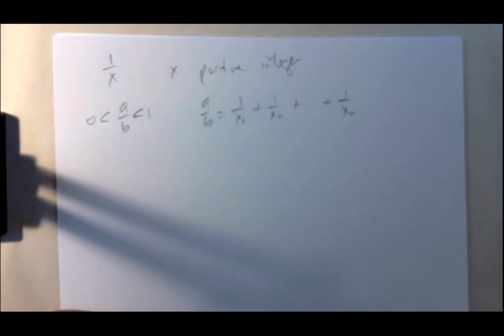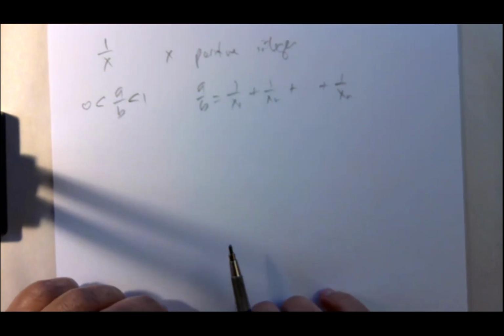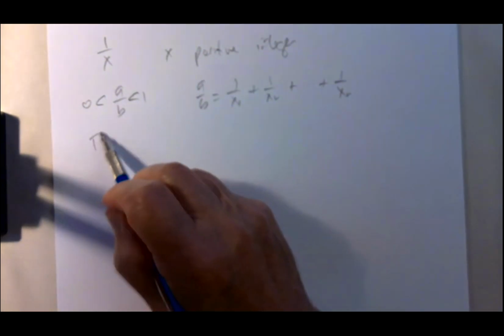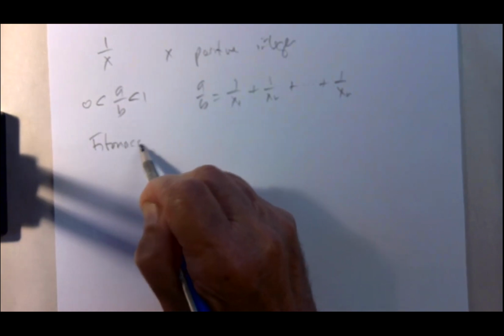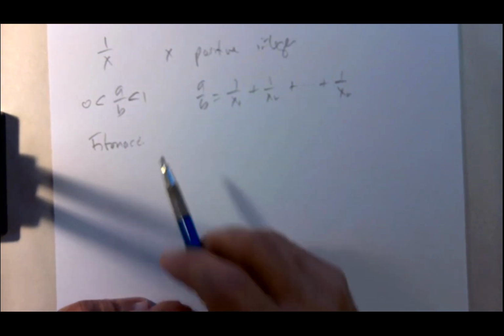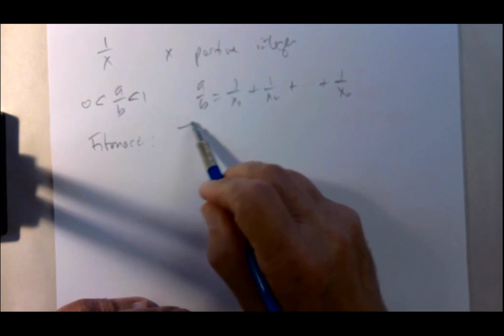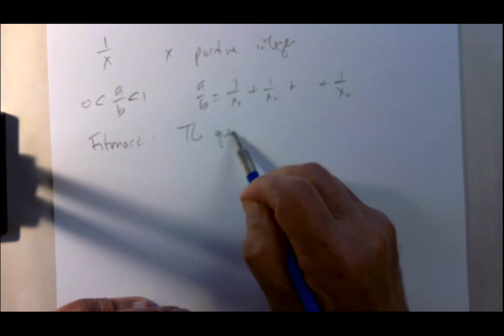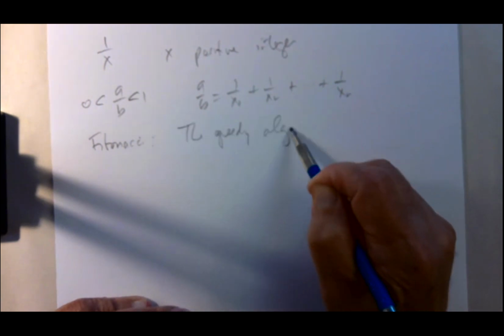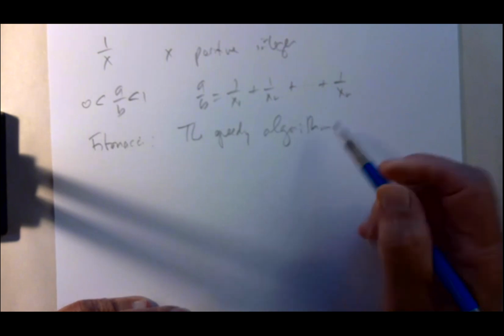of unit fractions. And Fibonacci made the following observation. The greedy algorithm always works.